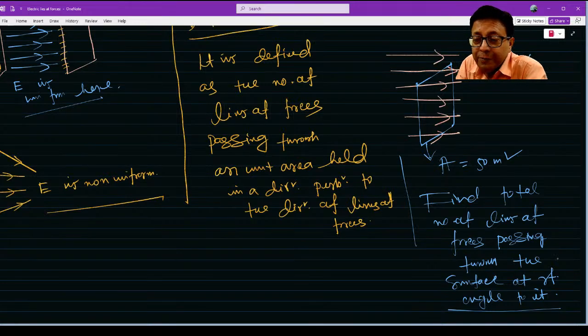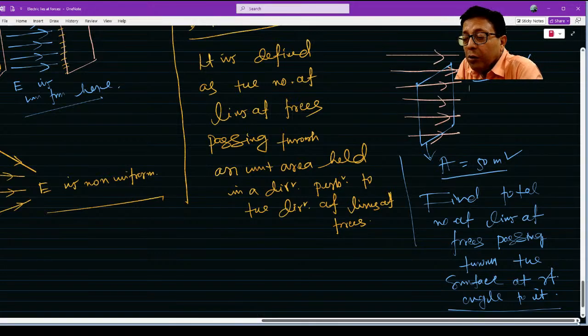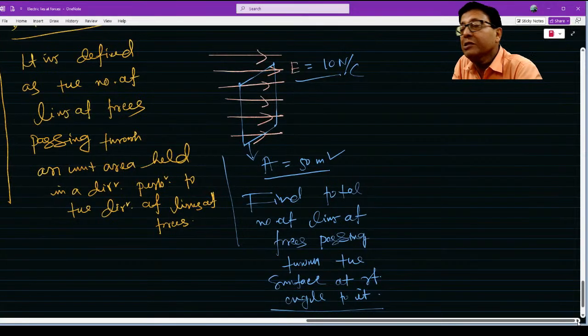I have shown the area. I have stated the magnitude of electric field. Now, my question, how many lines of forces are passing?